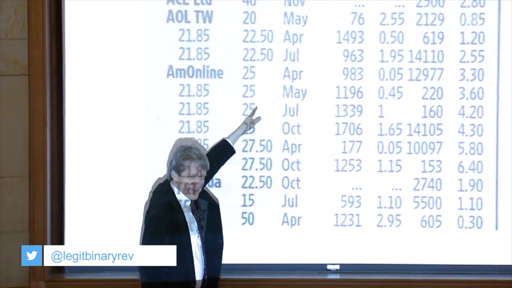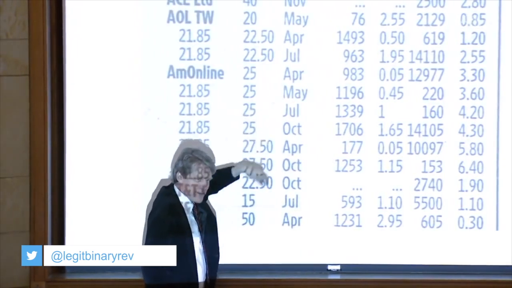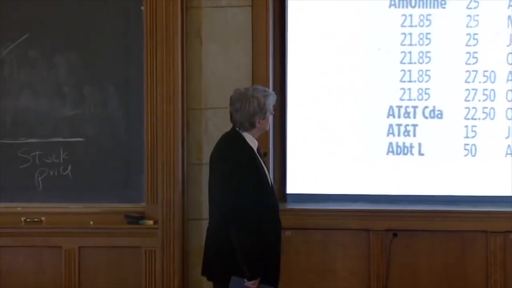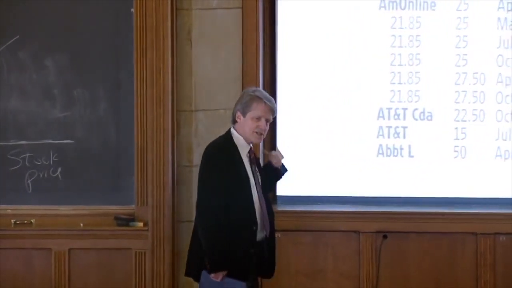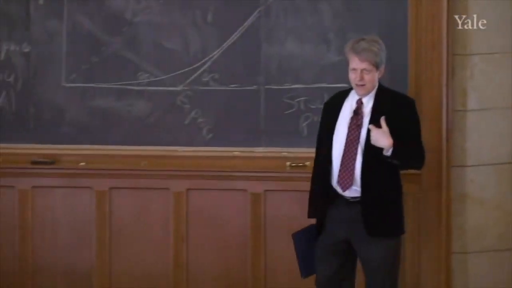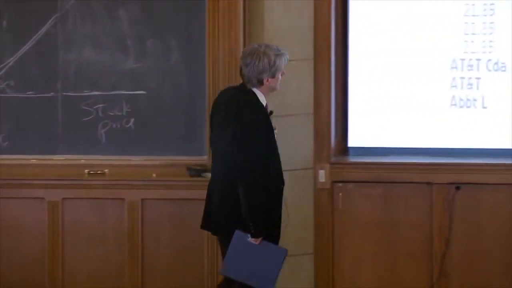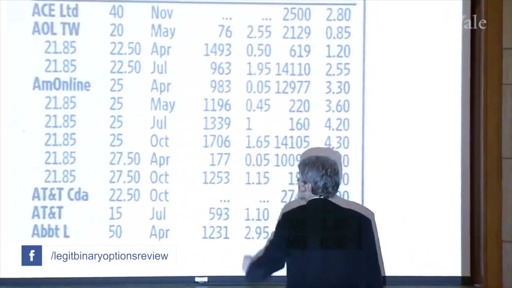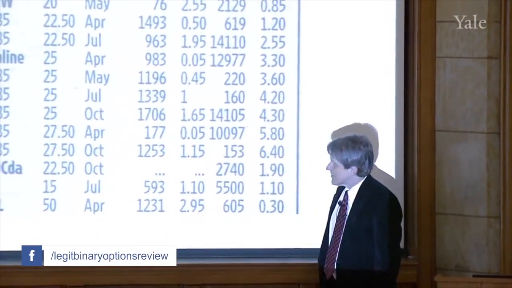That's going to be worthless unless the stock price goes up before it expires. So it's only worth something because there's a chance that it will be worth something on the exercise date. And what are people paying for that chance? 45 cents. Not much. Why are they paying so little?